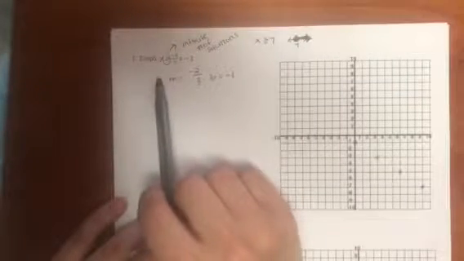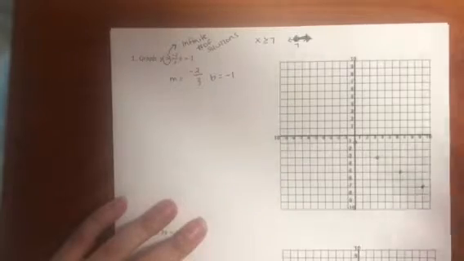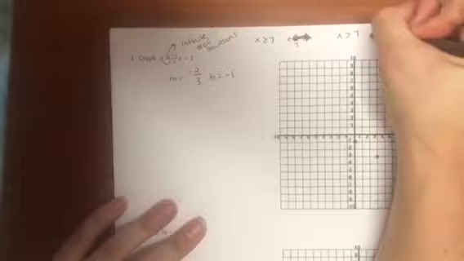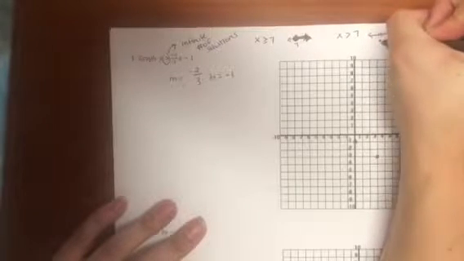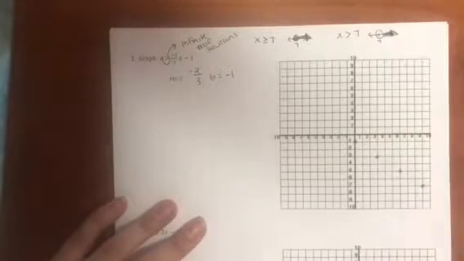Now, where this changes is typically we just connect using a solid line, right? But just like how we have closed circles versus open circles, we need to have something similar in two variable inequalities.